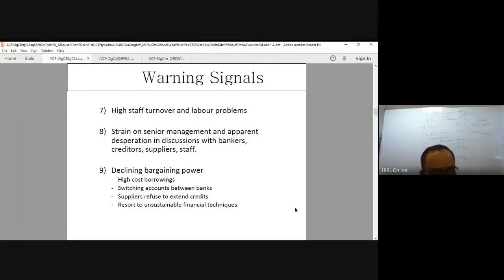Suppliers close their credit lines, right? Earlier suppliers were giving 3 months. They now say we can't give you 3 months, only 1 month. Or they say you pay cash and take. Why would a supplier stop extending credit to the customer?